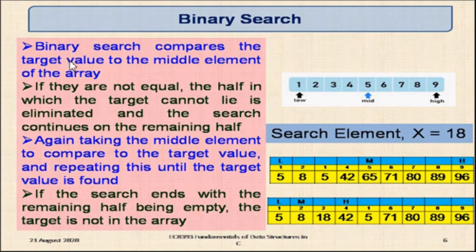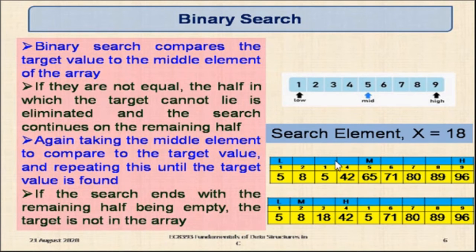You see here, once again, binary search compares the target value to the middle element of the array. If they are not equal, the half in which the target cannot lie is eliminated, and the search continues on the remaining half. Again, taking the middle element to compare with the target value, keeping the new effective set as we discussed already, and repeating the same procedure until the target value is found.